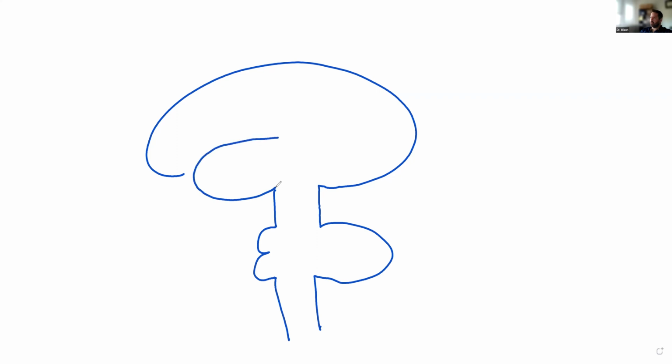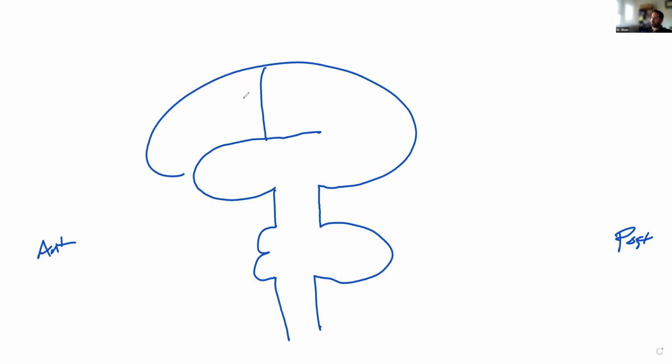Okay, so this is sort of a generic lateral view of the brain. This over here is going to be anterior, and then this over here is going to be posterior. Okay. We can divide the brain into lobes.